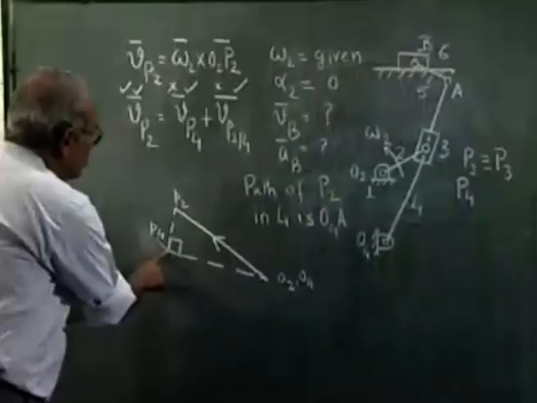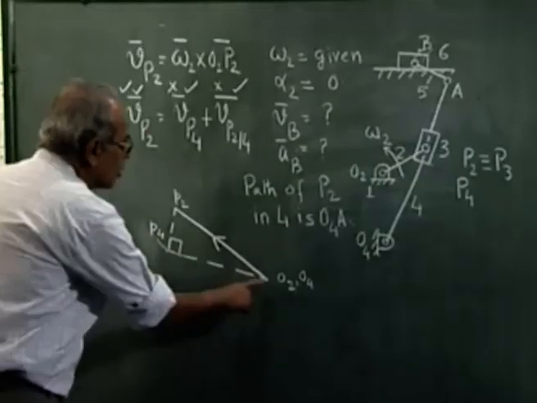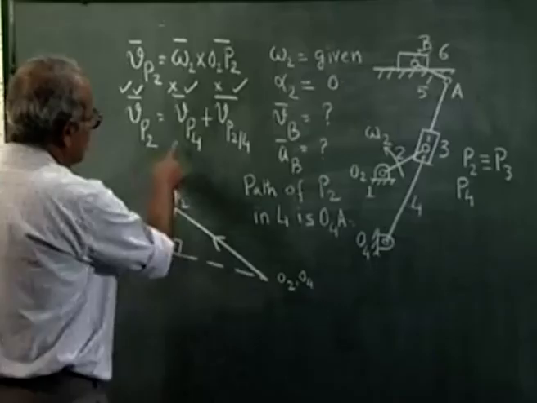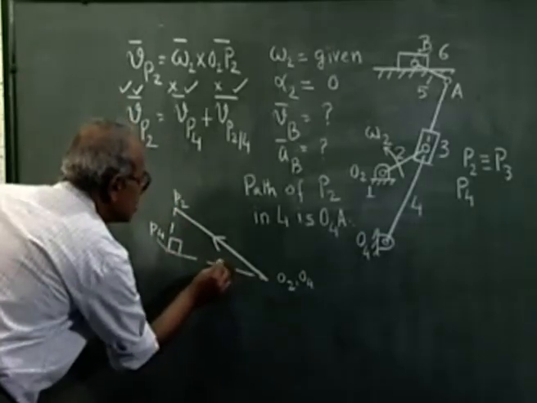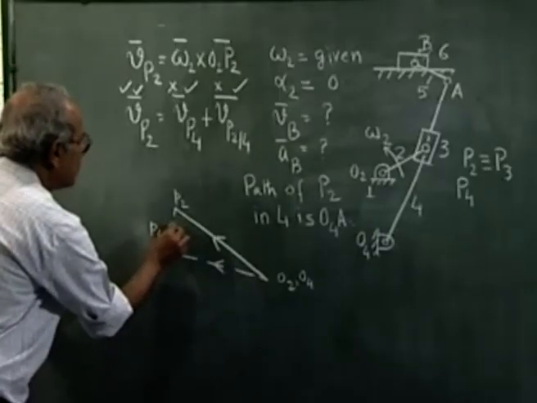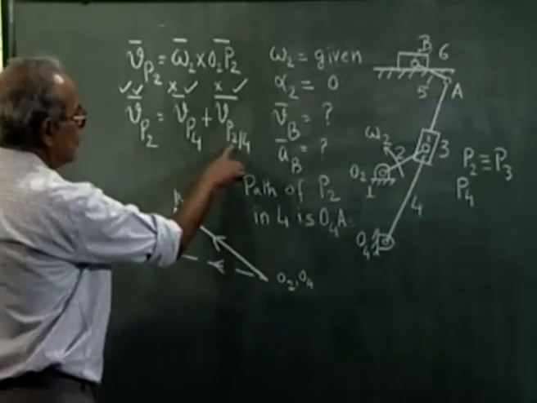So this point we denote by p4 because o4 p4 represents the velocity Vp4. So this vector represents Vp4 and this vector p4 p2 represents Vp24.